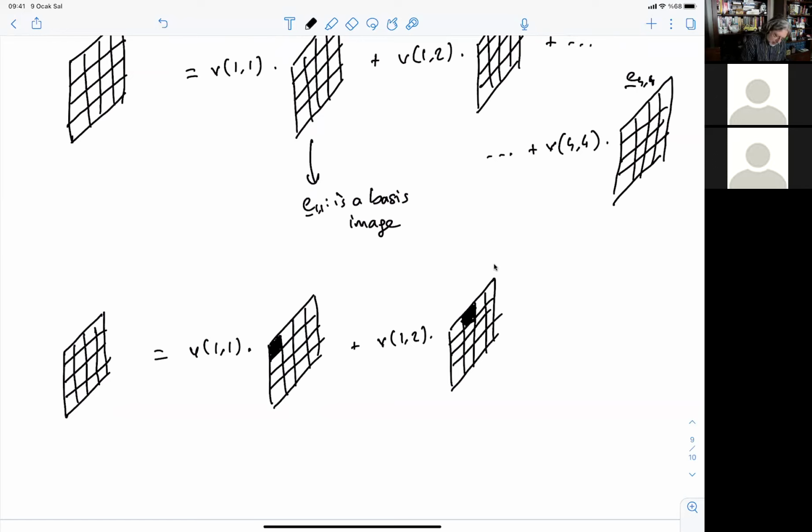So plus blah blah blah plus the last one will be V44 times the last basis image, which will be 1 here at the last corner.